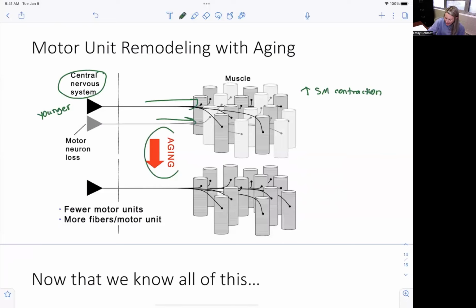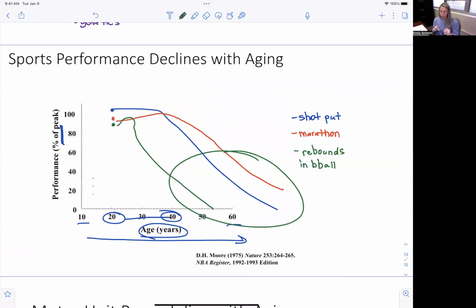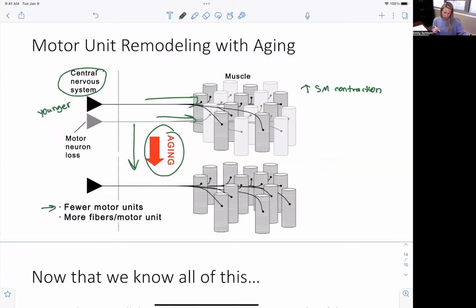And then as we age, going from young and healthy to aging, we are going to have motor neuron loss, which means we're going to have fewer motor units. And so this is why we can put it with this visual where we have sports performance declining with aging, and we also have sarcopenia, which is also smaller muscles, weaker muscles, reaction time not as great.